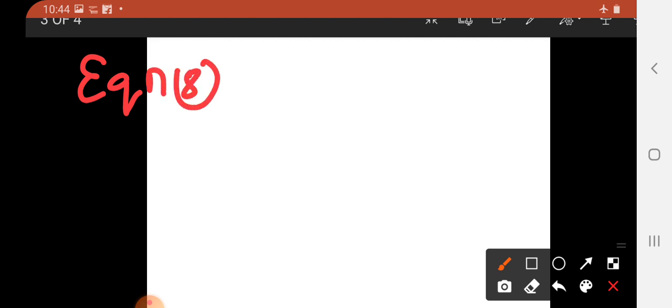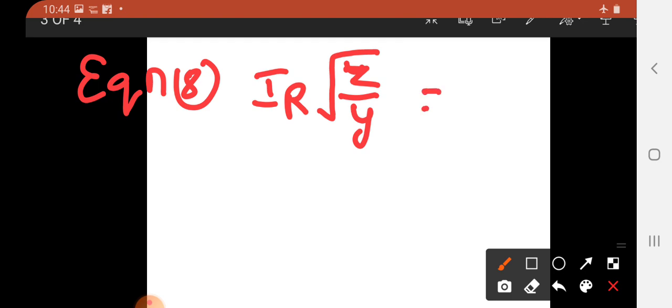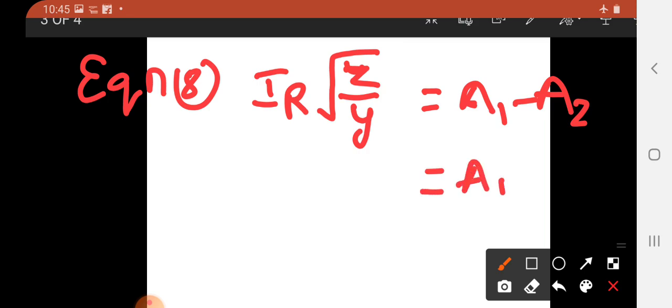So let me write IR into square root of Z by Y is equal to A1 minus A2. Already we have equation 7 as A1 plus A2 is equal to VR.